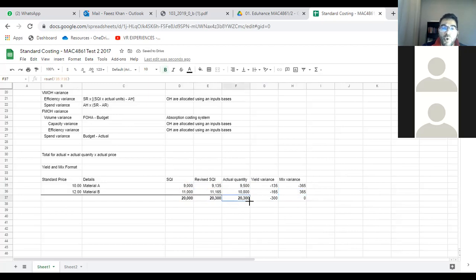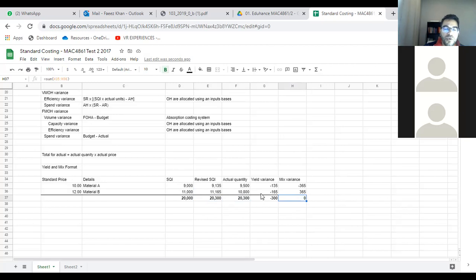So the mix in quantity will always add up to 0, because you're comparing revised versus actual. As you can see, the two are exactly the same. So the mix will always come to 0.